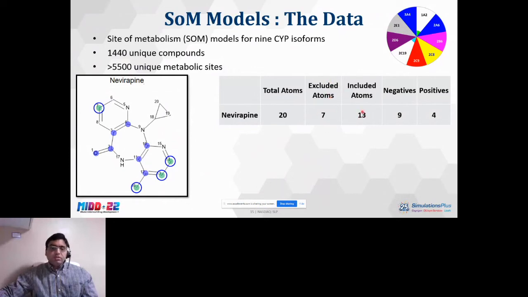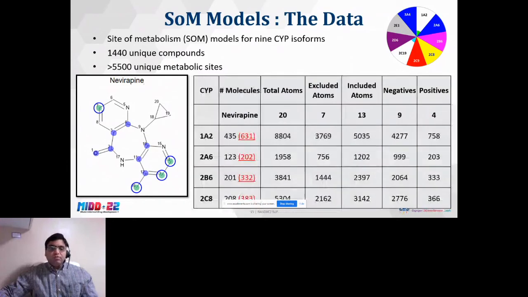So that leaves us around 13 atoms which are potential sites in the entire molecule. So we have 13 potential sites, but it has been reported that nevirapine is metabolized at 4 different sites. So altogether, these are the 4 positive sites, and that leaves us 9 negative sites. This is how we find our unique metabolite sites, as well as the negatives and positives in our classification model.